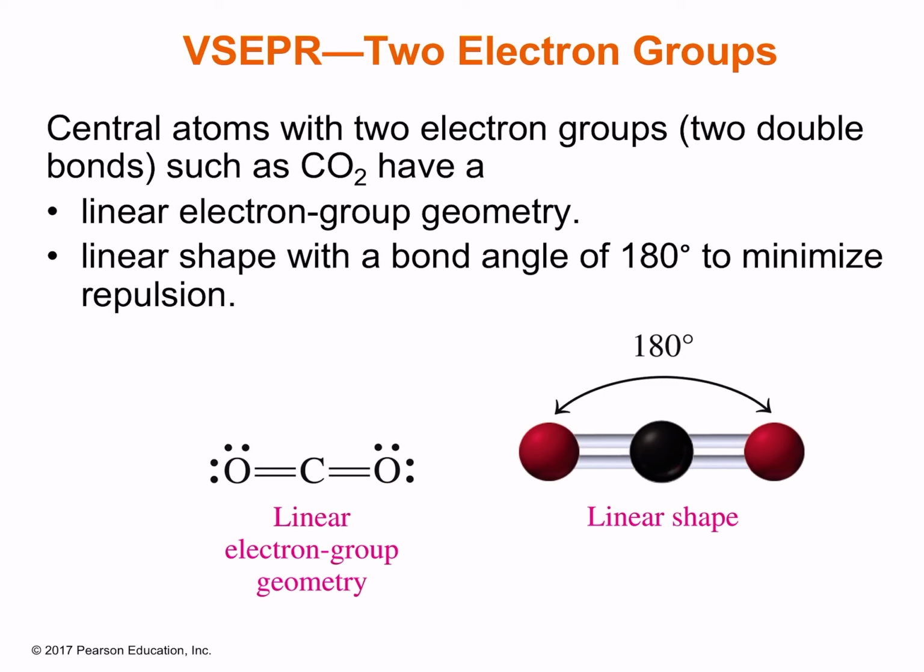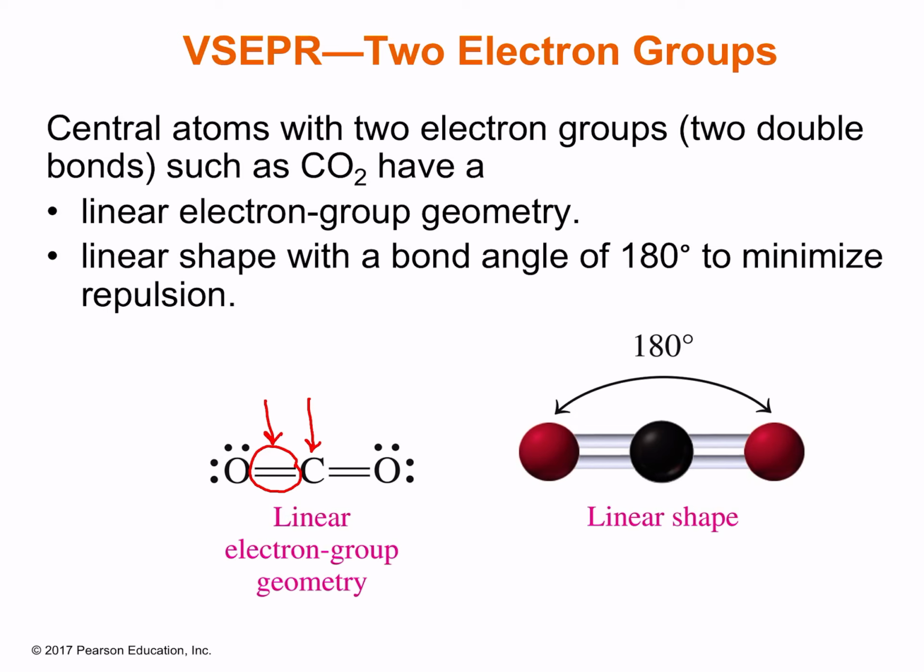So if there are two electron groups, okay, and so by electron groups, I want you to look at carbon dioxide here. Remember, we're only looking at carbon. We're only looking at the central atom. So on the left side of the carbon, there is a double bond, right? Even though the double bond is made up of 4 electrons or of 2 bonds, it's just one area of electrons.